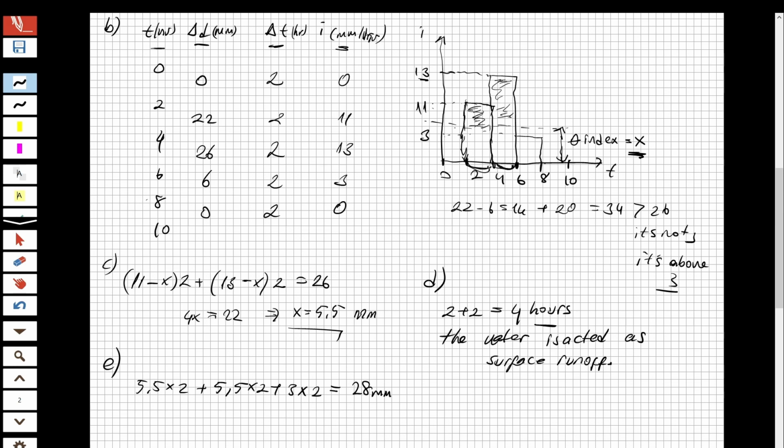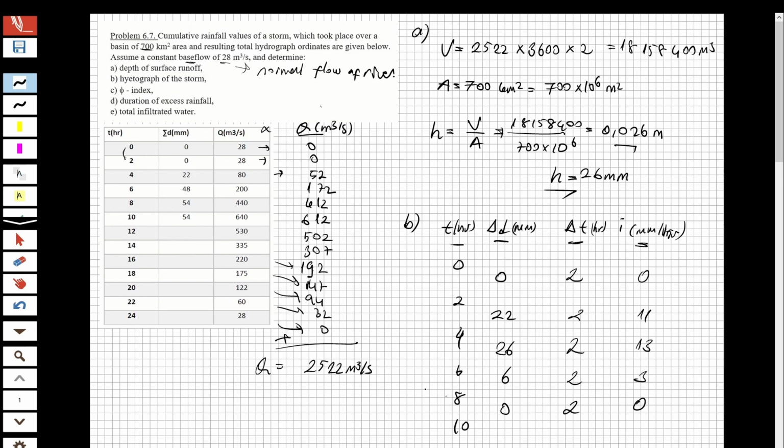The water below the phi index is the total infiltrated water. And now the question is solved.